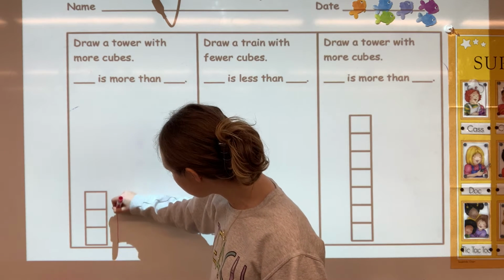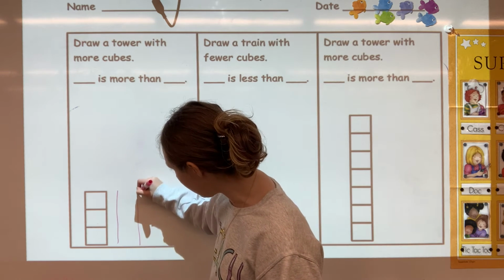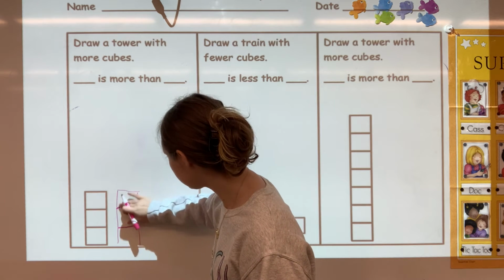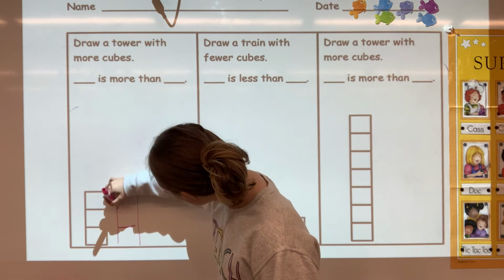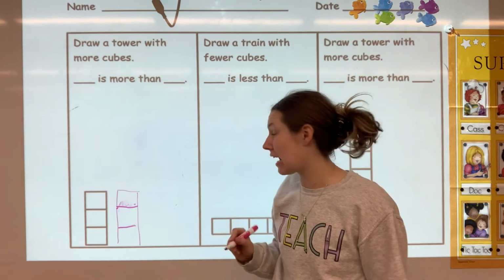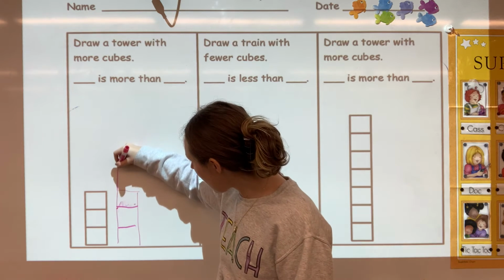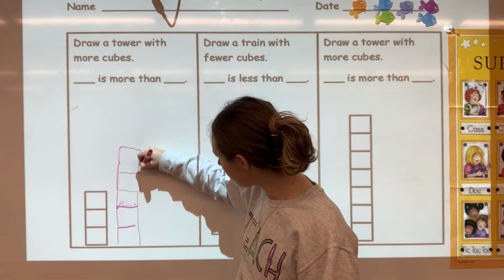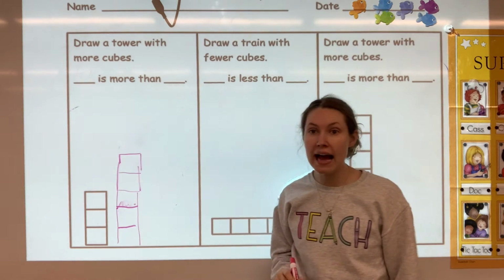So I'm going to start by making a tower of 3, just like they did. But then I need to add more. Now I could just add 1 more, or I could add a few more. I'm going to add maybe 2 more here. Okay, so I added 2 more.